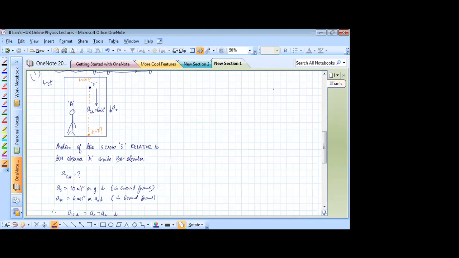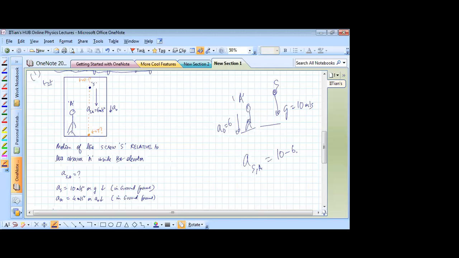So that's the concept we've used here: the screw is going down at g equal to 10, and the observer E, who sees the screw beside him, is going down with an acceleration of a naught equal to 6. Then the acceleration of the screw relative to the observer E will become 10 minus 6, or whatever, 10 minus 4.